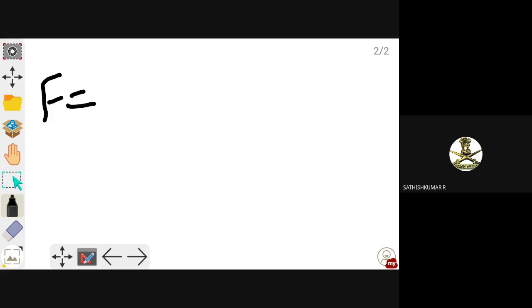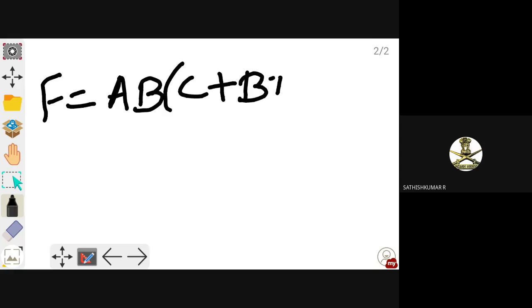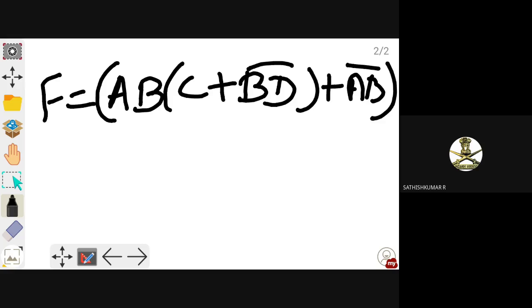In this sum you have to simplify: AB into (C plus BD) the whole complement plus (AB) the whole complement into CD. I want the simplified expression. Everybody should work it out, and tomorrow you have to tell the answer.